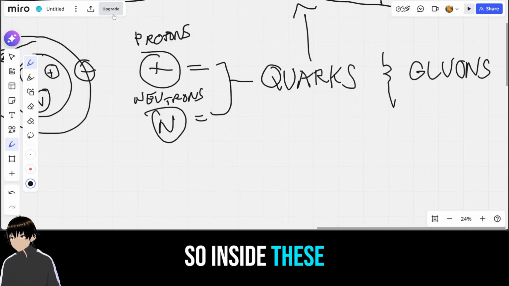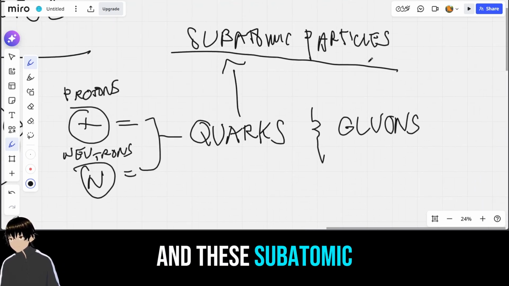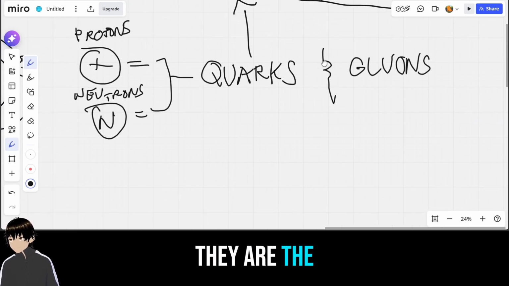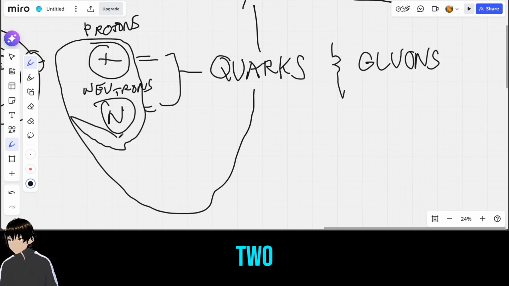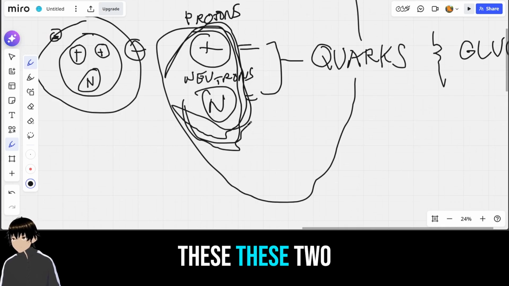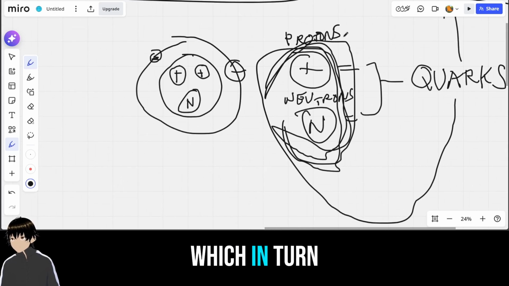Inside these protons and neutrons, there are what we call quarks. These subatomic particles are the direct building blocks of the protons and neutrons, which in turn are the building blocks of the atom.